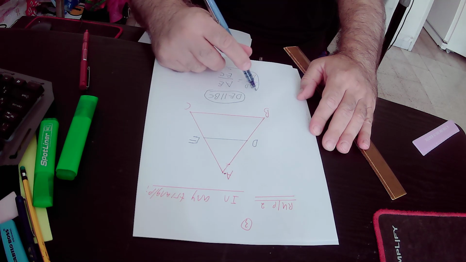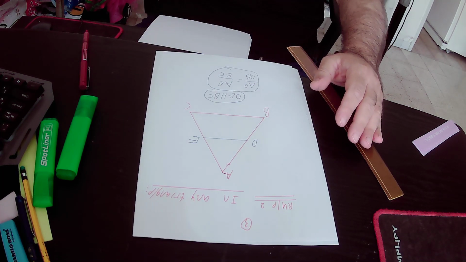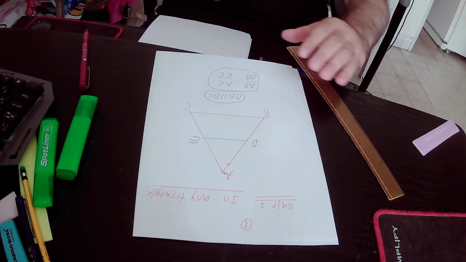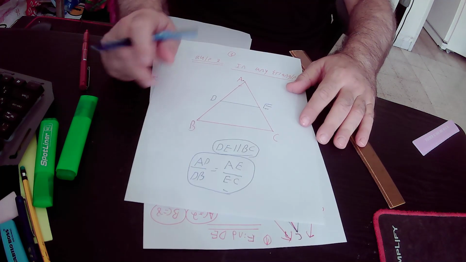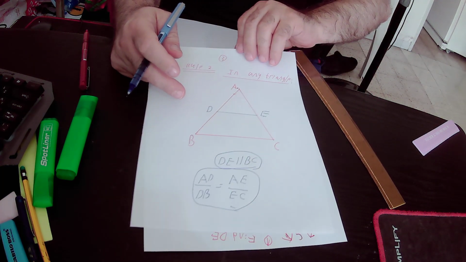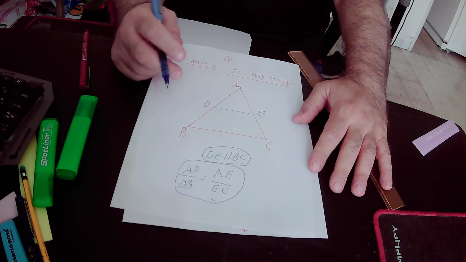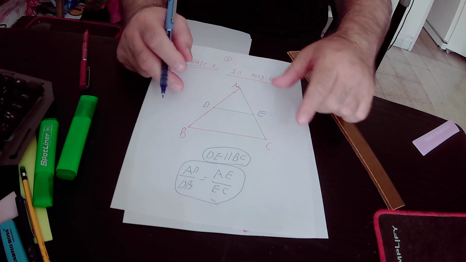Again, in triangle ABC, that could be any triangle, if we know that line segment DE is parallel to BC, then the following equality is true: AD over DB equals AE over EC.